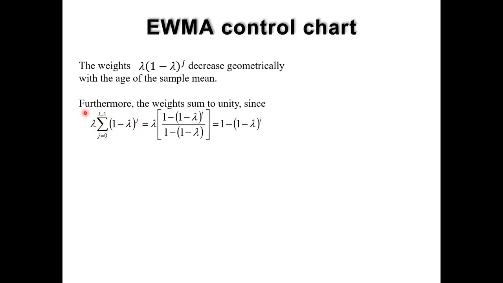So if we were to rewrite this part, the summation of (1 minus lambda) to the power of j from j equals 0 to i minus 1, you will have this formula: (1 minus lambda) to the power of i over (1 minus (1 minus lambda)). Okay, so this is the simplification of the summation of the previous part of the weight.